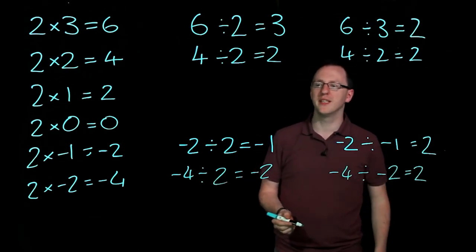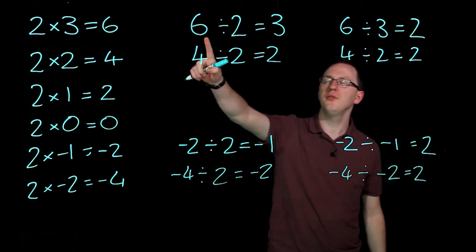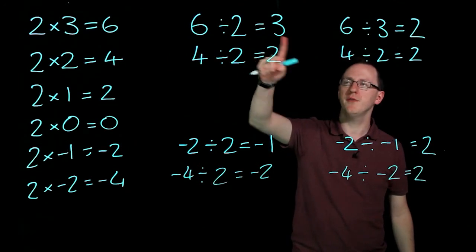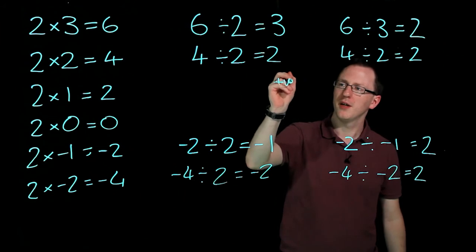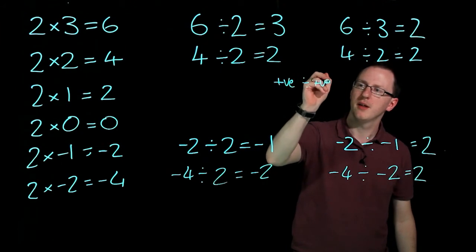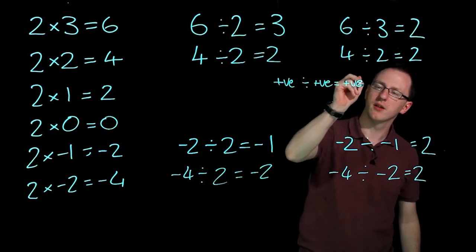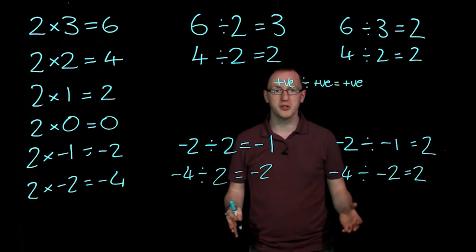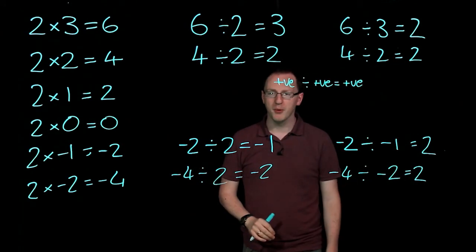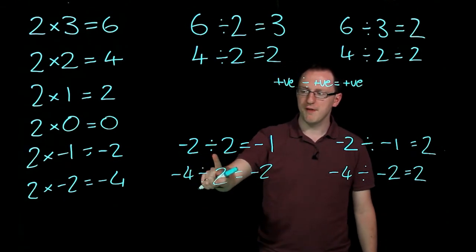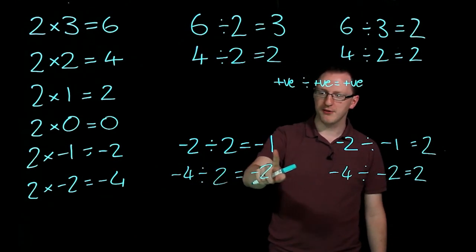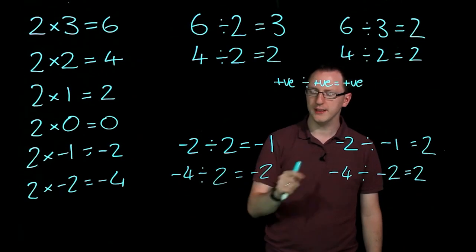Well, let's think about what we've seen. Here we can see if you've got a positive number divided by a positive number, you've got a positive answer. Let's see if there are any rules that are suggested by what I've found down here. Here I have a negative divided by a positive, and I've got a negative in both cases.